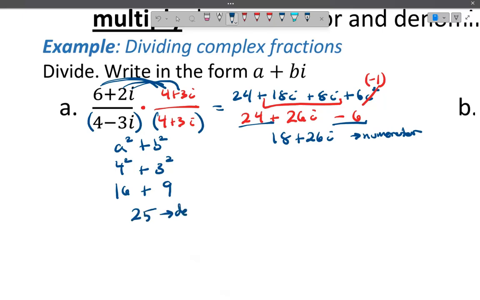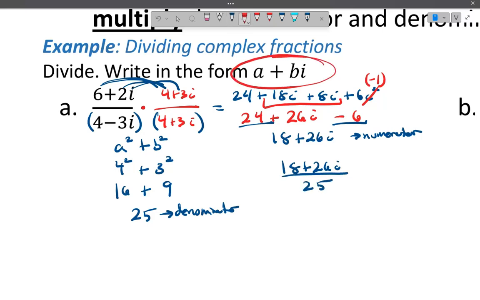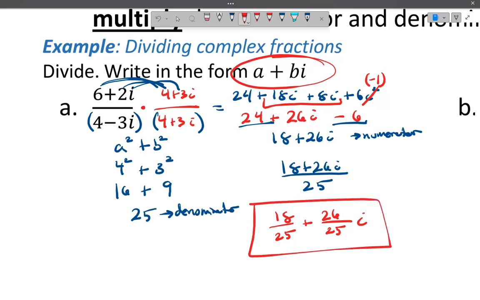So here's our denominator, and we've already got our numerator, 18 plus 26i over 25. The last thing that we need to do to finish up is write it in the form a plus bi. So we need to write it as two separate fractions since we have one fraction over a common denominator. 18 over 25 plus 26 over 25i. If we could simplify the fractions, we would do so.